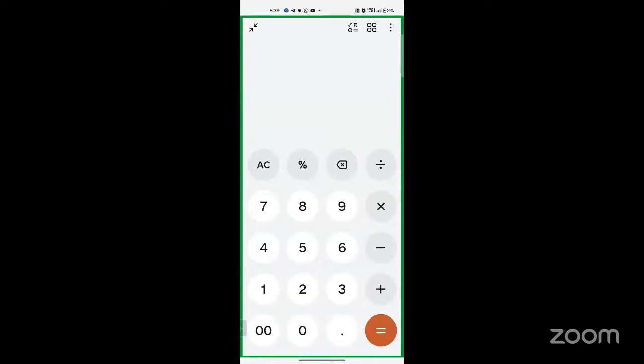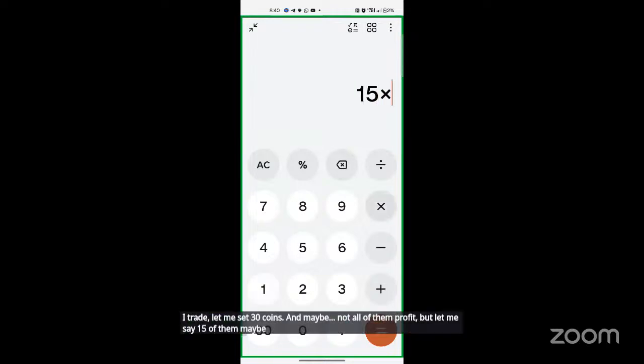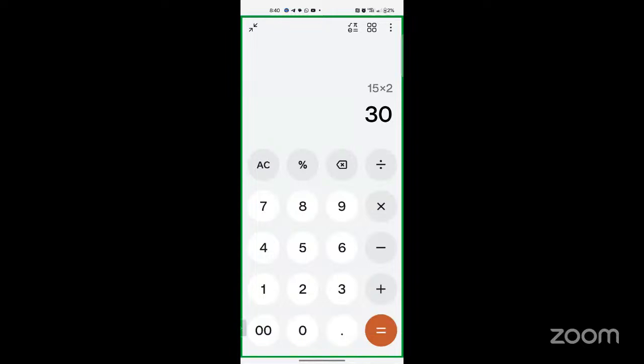Okay, so if I trade, let me say, 30 coins, maybe not all of them profit, but let me say 15 of them can each give me $2 a day. I have a guarantee of $30. Just to say, that is when the market is very bad.